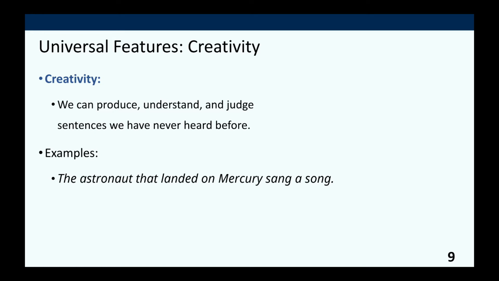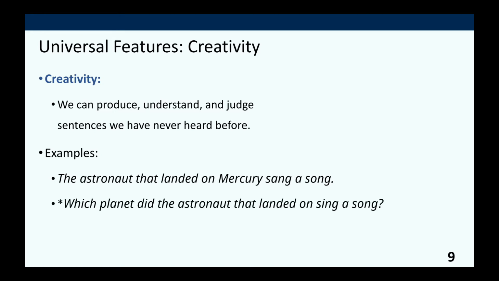Yet you understand perfectly well what that sentence means. And you also know that a sentence such as "Which planet did the astronaut that landed on sing a song?" is ungrammatical in English. Even though you have never heard that sentence before, you have an intuition straight away, perhaps even as a second language speaker, that that is not a good example of an English sentence.